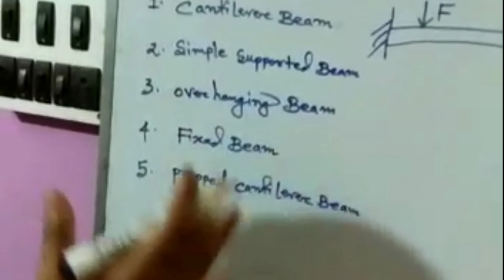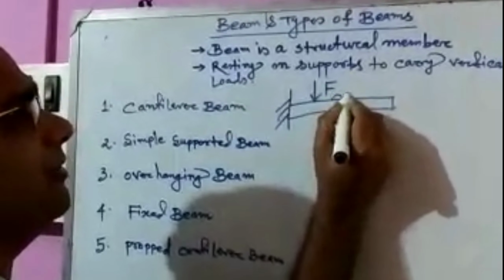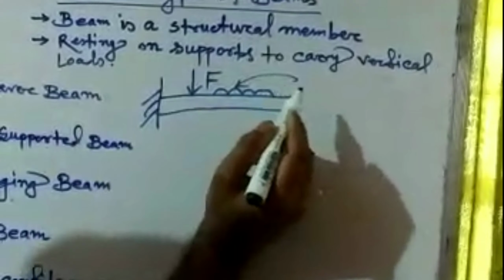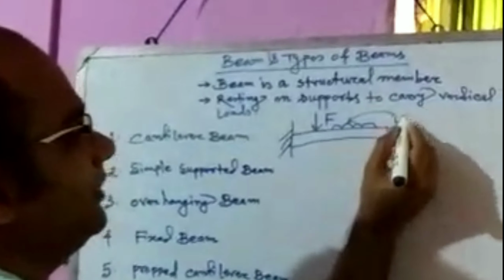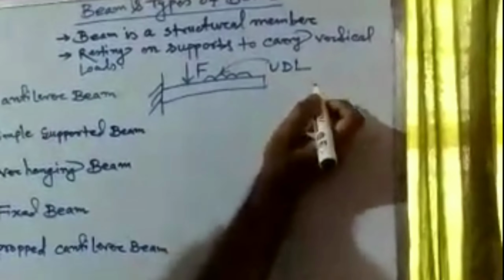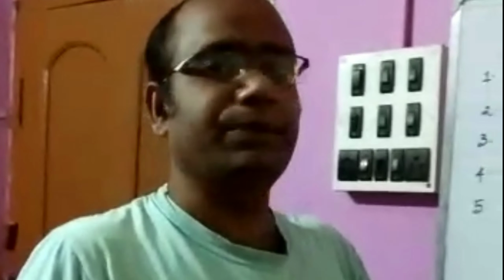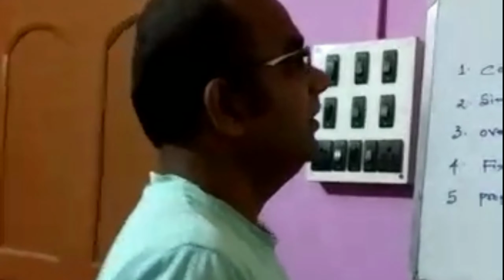You can also apply UDL, I mean uniform distributed load. In my previous slide I have shown you how to utilize UDL, uniform distributed load. A combination of varying loads can also be applied in a cantilever beam.